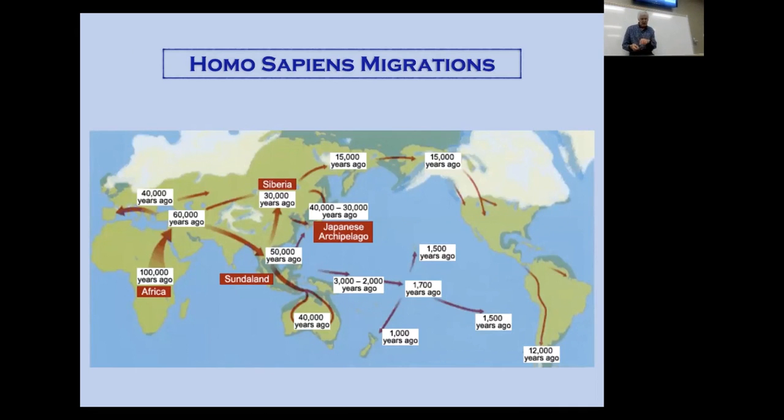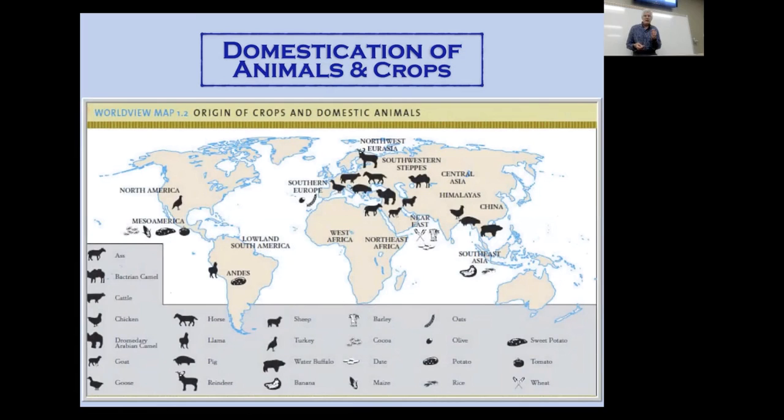So the Homo sapiens left Africa around 100,000 years ago, and this shows the various times at which they migrated, up to 12,000 years ago to South America. And a key piece of this qualitative transformation was the domestication of animals and crops.